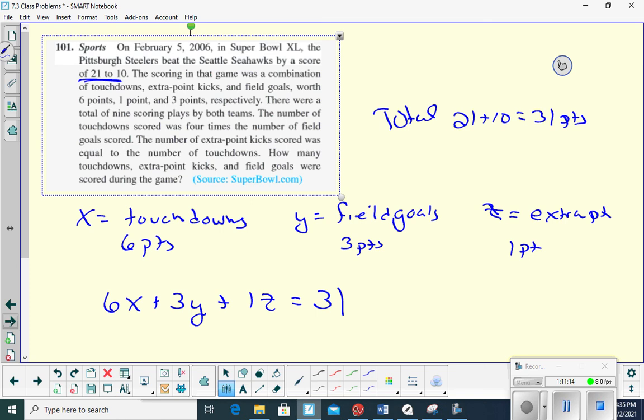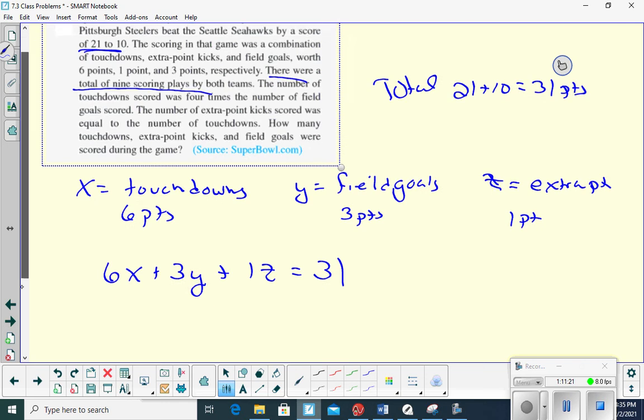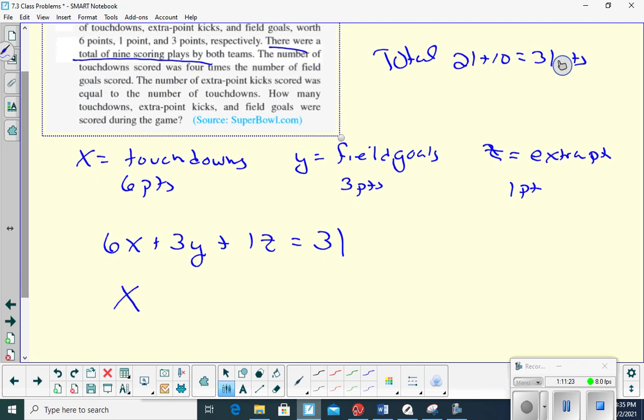Then it says there were a total of 9 scoring plays by both teams, which means the touchdowns plus the field goals plus the extra points was equal to 9. Then it says the number of touchdowns, which is X, was 4 times the number of field goals. So the number of touchdowns was equal to 4 times the number of field goals.